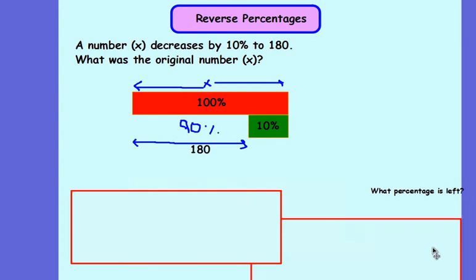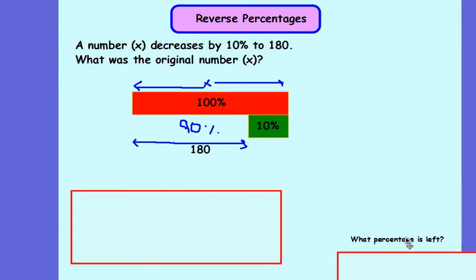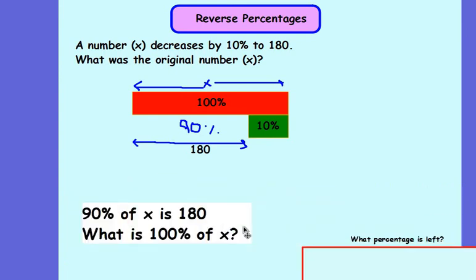And now it looks just like the question we just did. 90% of x is 180. What's 100% of x? And we can solve that now. We worked out that x had to be 200. So our original length here is 200.